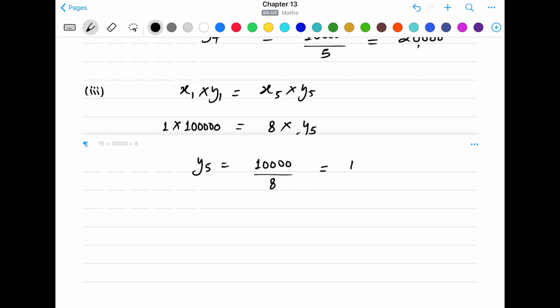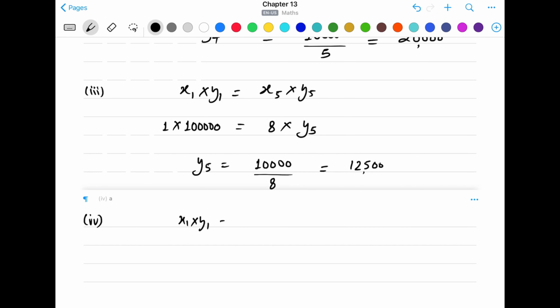So when we divide, you will get 12,500. Okay, so when the winners are 8, each person will get 12,500. Let's see the next one now.